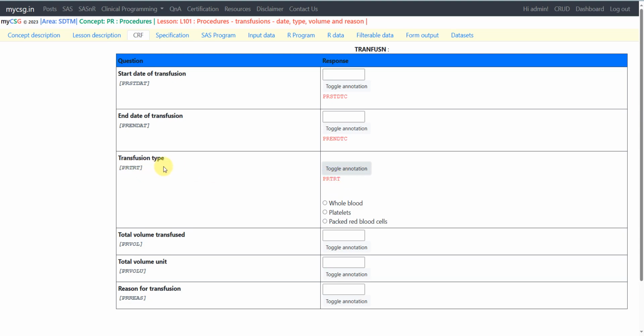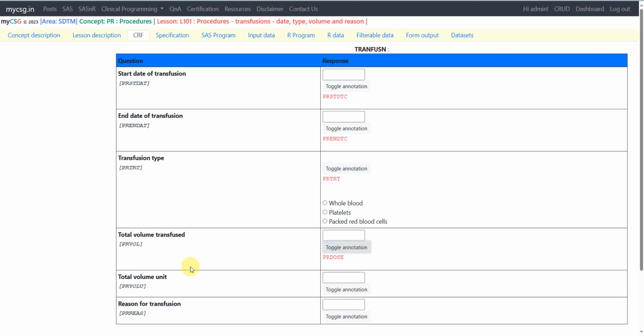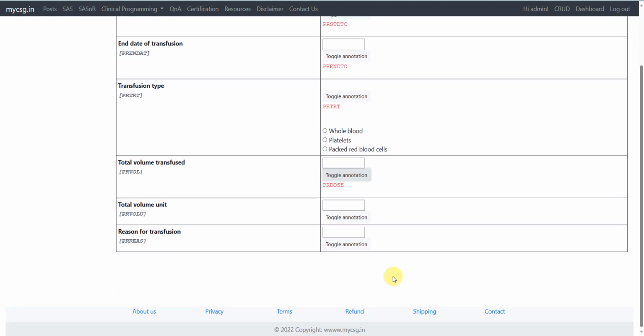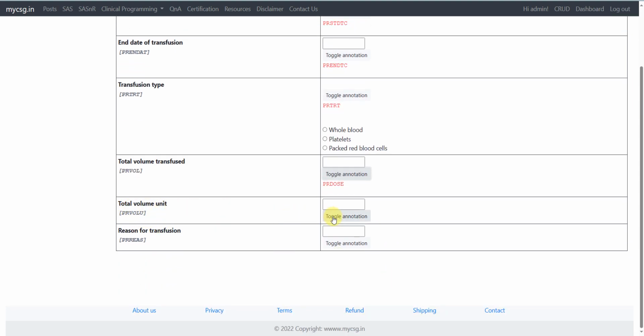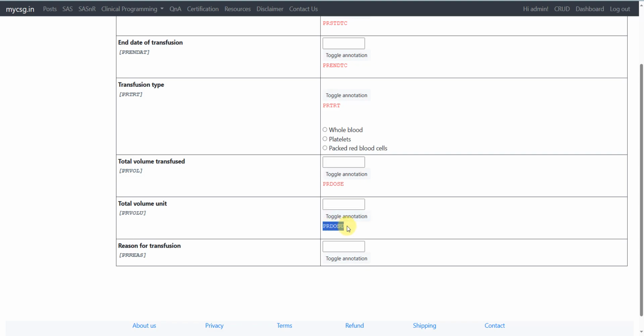So here the raw variable name is the same as the SDTM variable name that we have to map it to. And then we have total volume transfused. Let's see which variable this needs to be mapped to. We need to map the information coming from the PRVOL variable to PRDOSE, the PR dose variable. And then total volume unit has to be mapped to the dosing unit variable, which is PRDOSU.